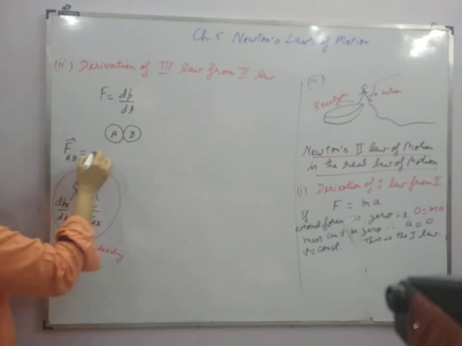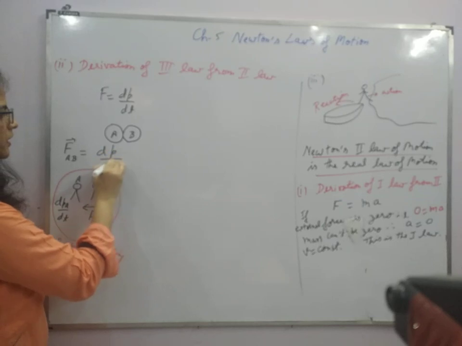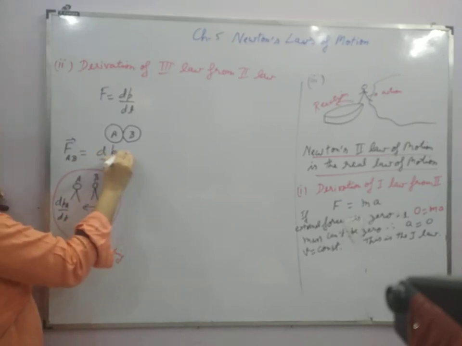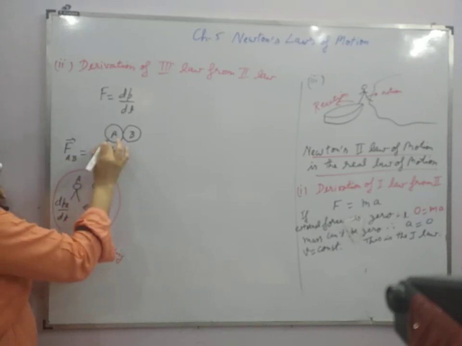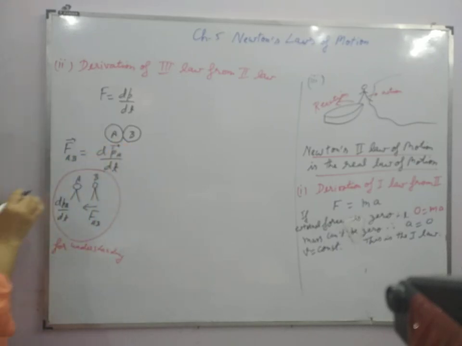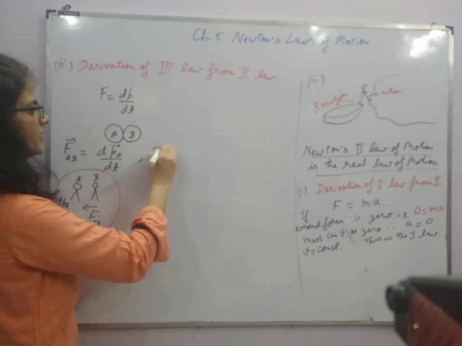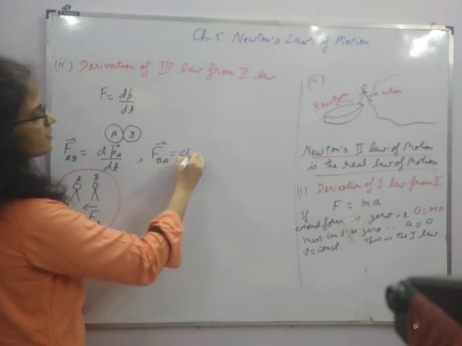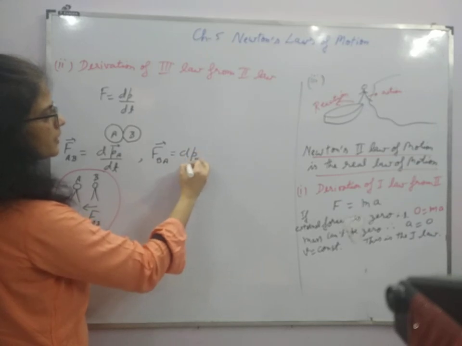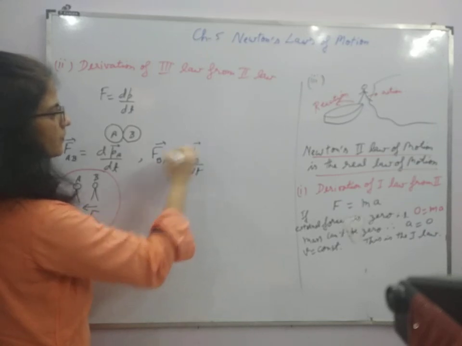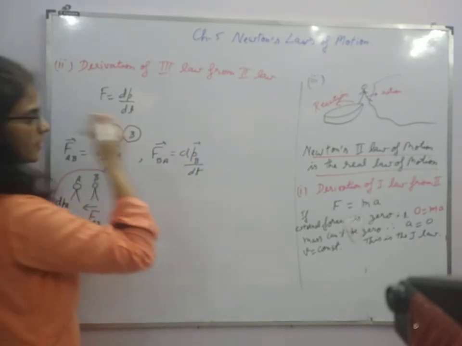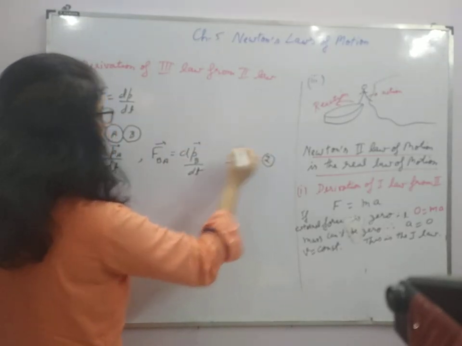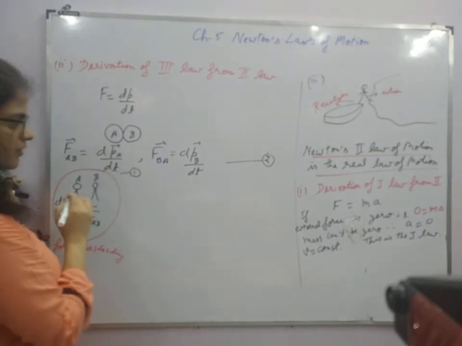So this can be written as dp upon dt, but whose momentum? Force on A due to B, so here it will be pA. Now this is a vector quantity. Similarly, force on B due to A will be written as dpB upon dt, right? So I am considering this as equation 2 and the earlier one as 1.